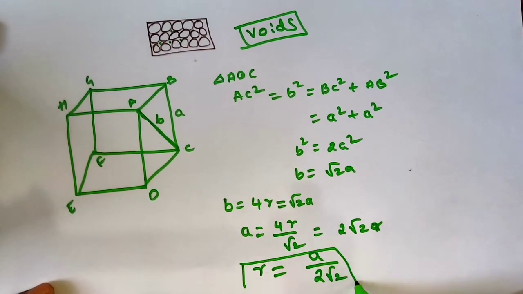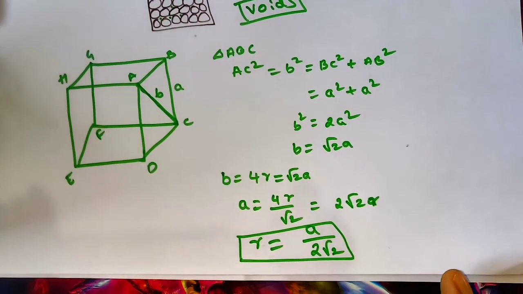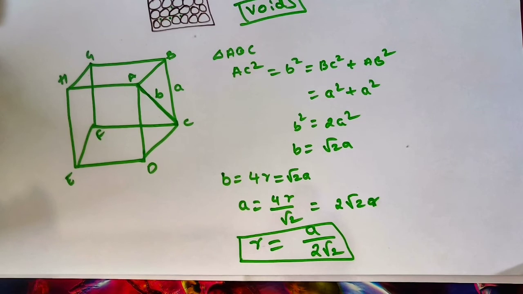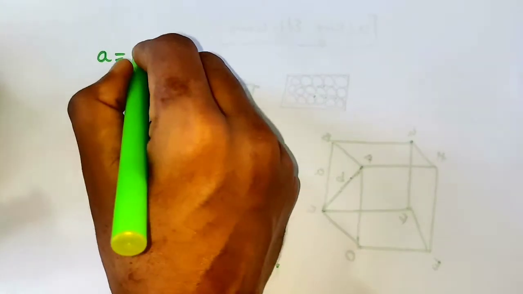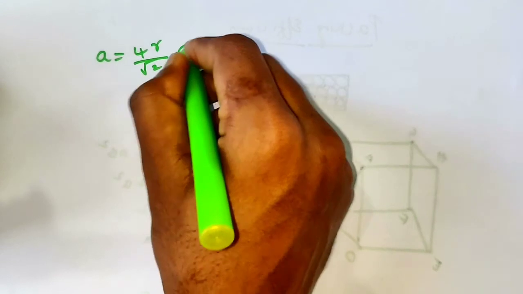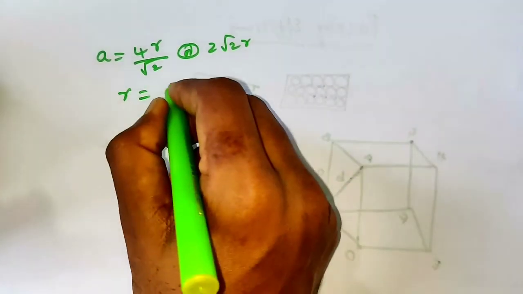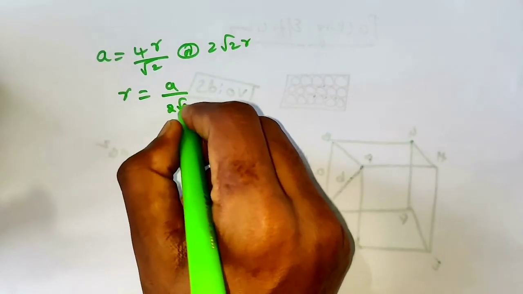By using this, we can find the packing efficiency of the face centered cubic unit cell, or CCP or HCP. We know that a is equal to 4r by root 2, or 2 root 2 r.